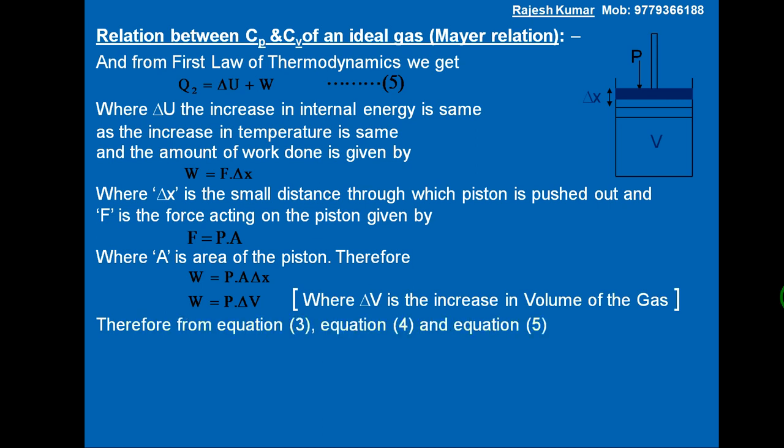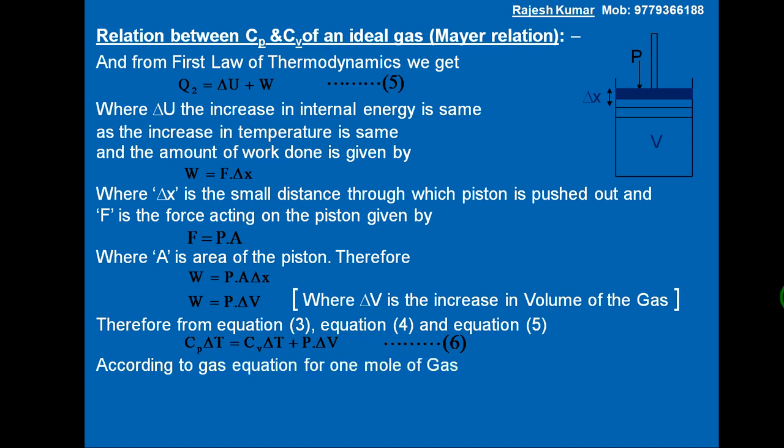Therefore from equation 3, equation 4 and equation 5, we get Cp into delta T is equal to Cv into delta T plus P into delta V. Let it be equation number 6.